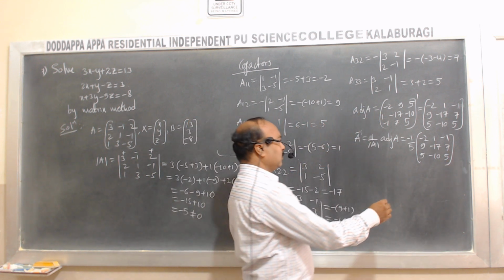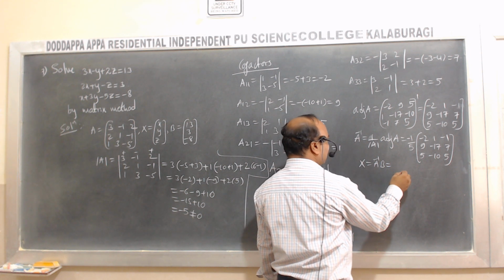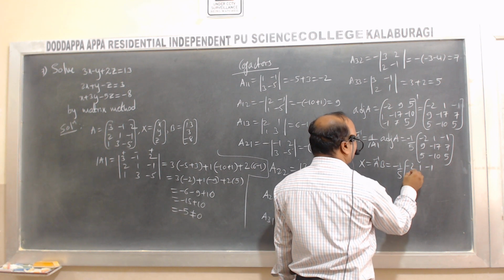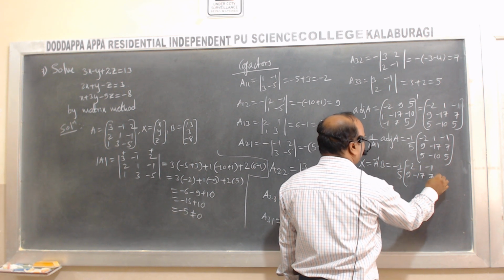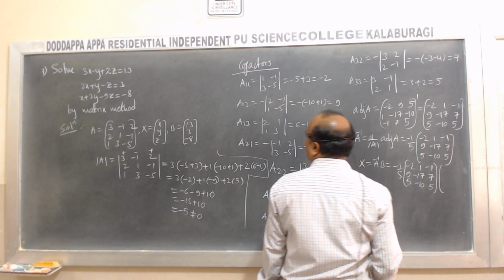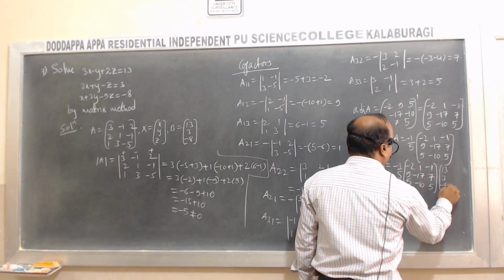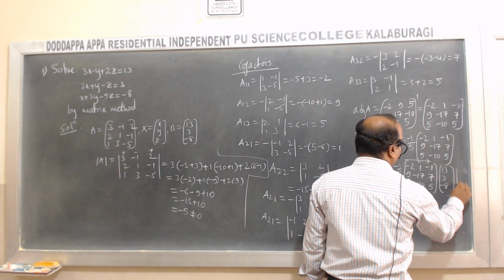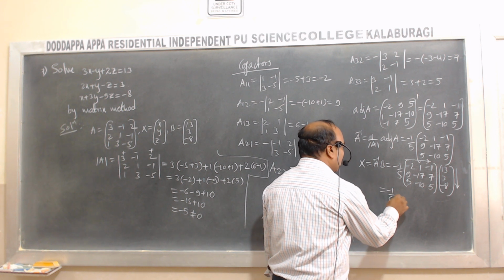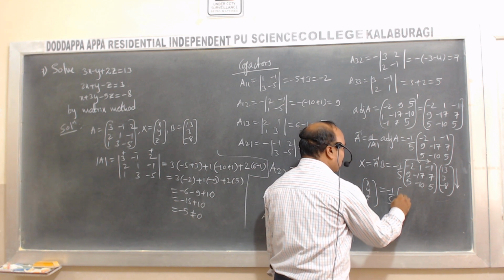Now we go for the matrix method formula, that is X equal to A inverse into B. It is minus 1 by 5 into the matrix minus 2, 1, minus 1; 9, minus 17, 7; 5, minus 10, 5, into B. Here B matrix is 13, 3, minus 8. Now we start multiplication of these two matrices. Now we get minus 1 by 5 as it is. Here X is x, y, z.